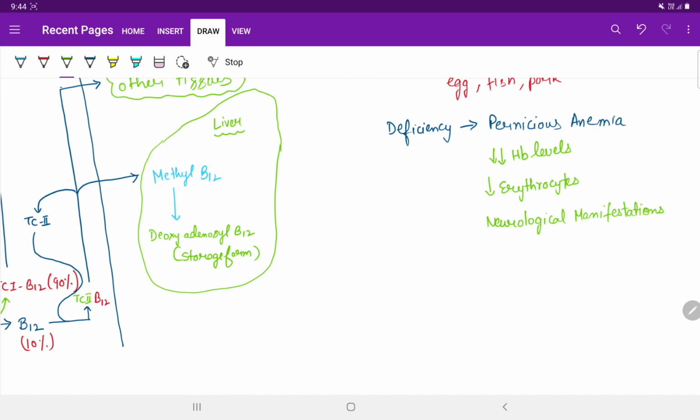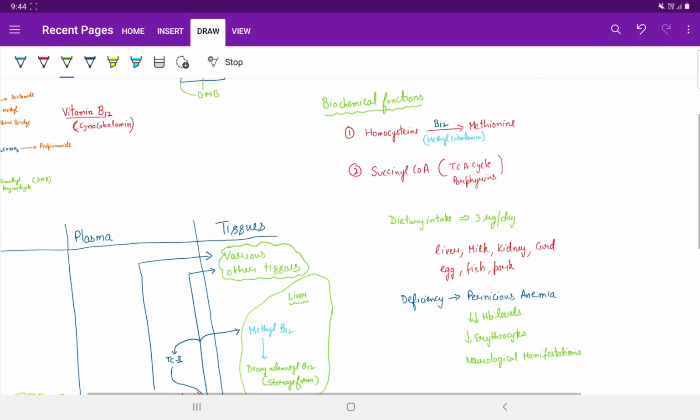So these are the major deficiency symptoms of vitamin B12, and in order to overcome this, an administered dose of around 100 to 1000 micrograms of vitamin B12 is given intramuscularly. So IM injections are given in order to remove the deficiency of vitamin B12.